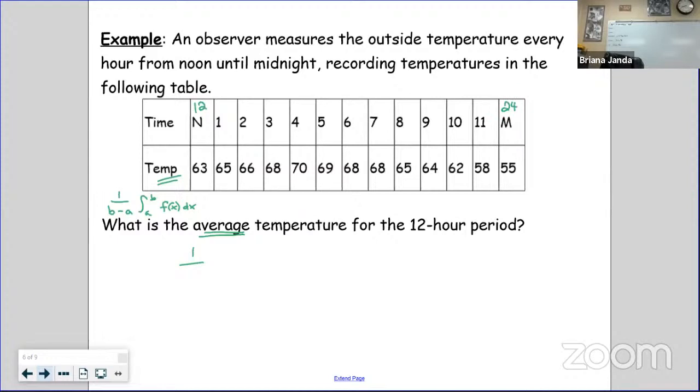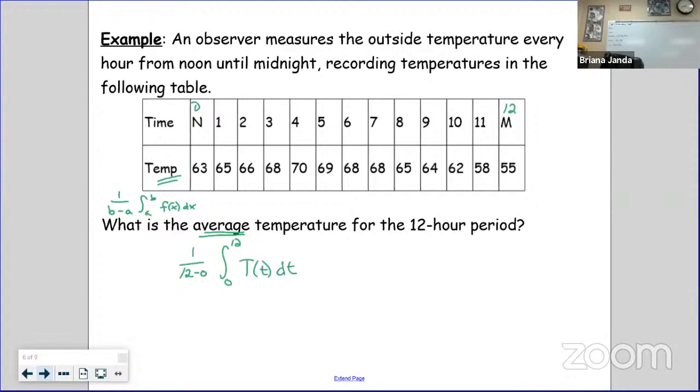Ultimately, we need this to be 1 over, what's the difference between those? 12, right? 1 over 12 here. Or if you want to call this 0 and this 12, we can do that, okay? So then our integral, we'll call it 0 and 12, of our function, we'll call it temperature at time t, dt.